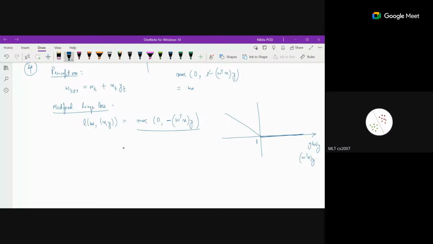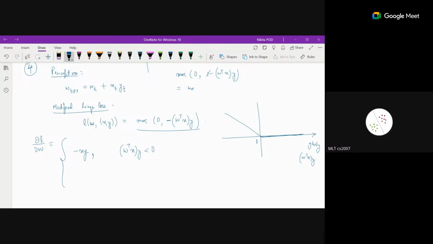If w transpose x times y is less than 0, then if you take dL by dw, you have this curve, and if you differentiate this with respect to w, you are going to get only minus xy.